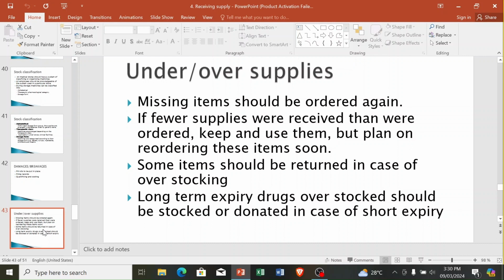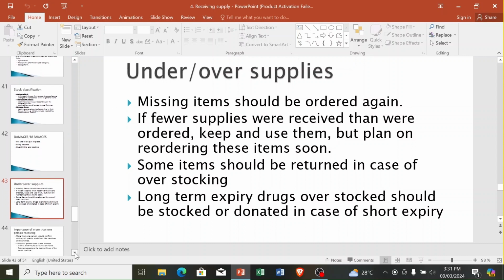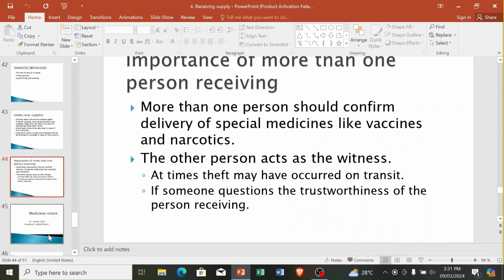Some items should be returned in case of overstocking. Long-term expiry drugs overstocked should be stocked or donated in case of short expiries. Okay, so we can donate them to other facilities if they have short expiries, if the surplus has short expiries.